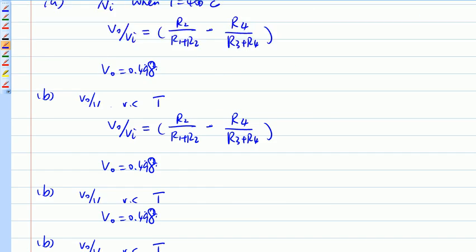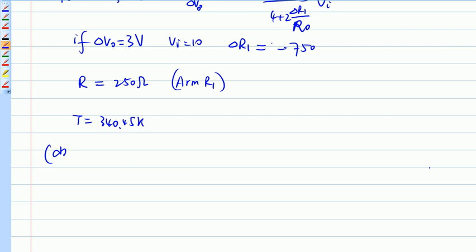Essentially, the original Wheatstone bridge you can make equivalent using the Thevenin circuit. So this is your B and this is your D. This is your Thevenin VTH and RTH.